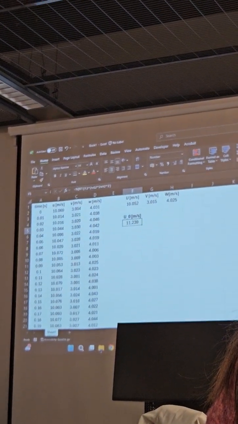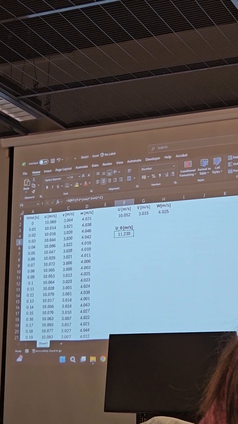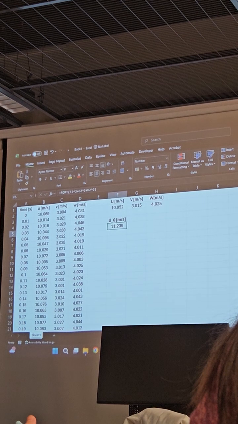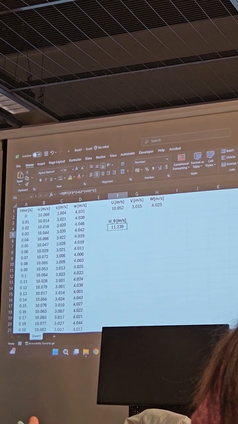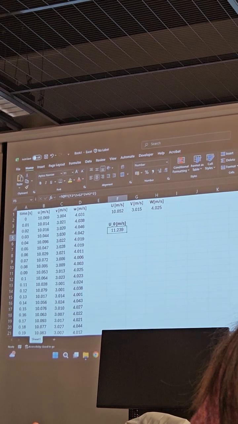So for the relative intensities, we need U0, and now we have it. And then we need U prime to the power of 2 for each direction, the time average of that. So first of all, we need to calculate the turbulent fluctuation for each direction using this equation.